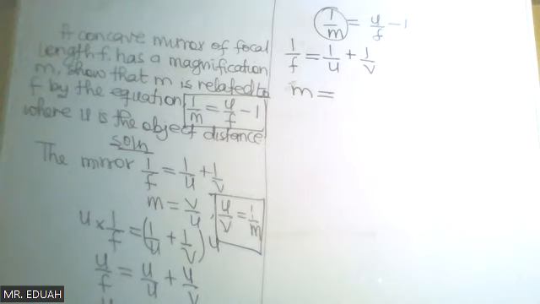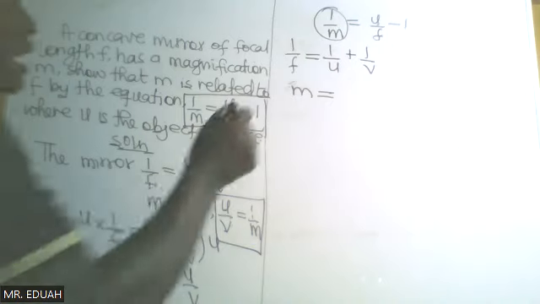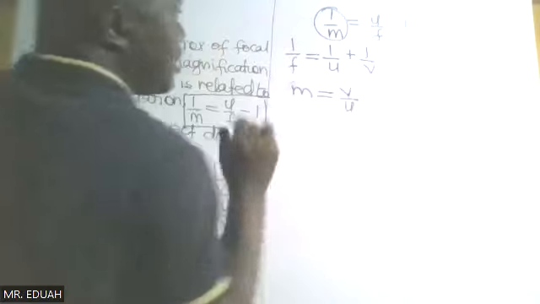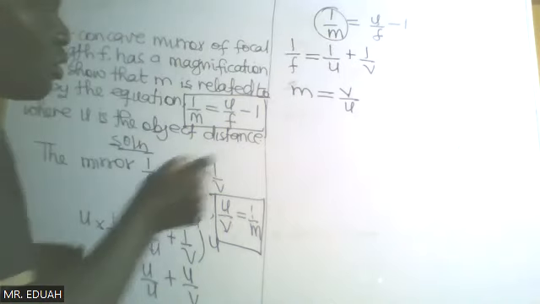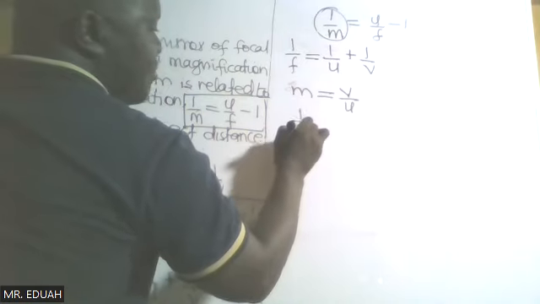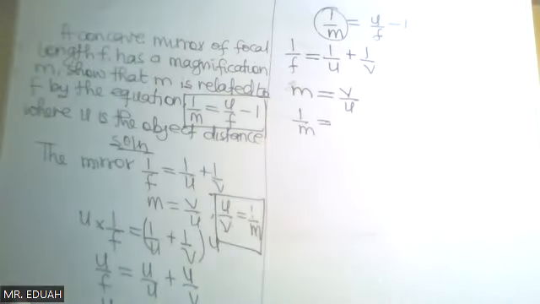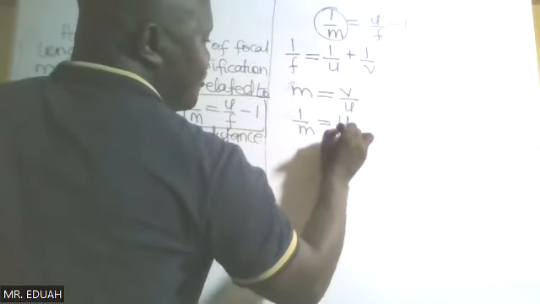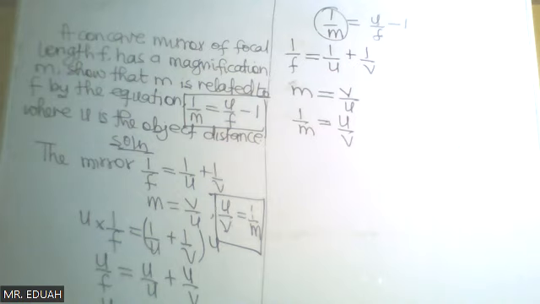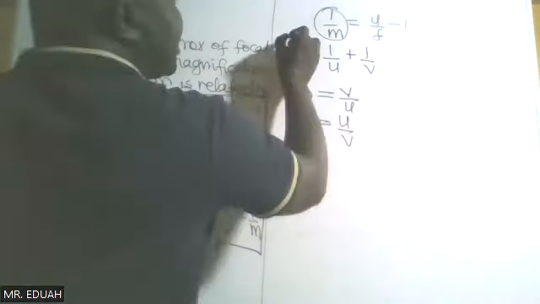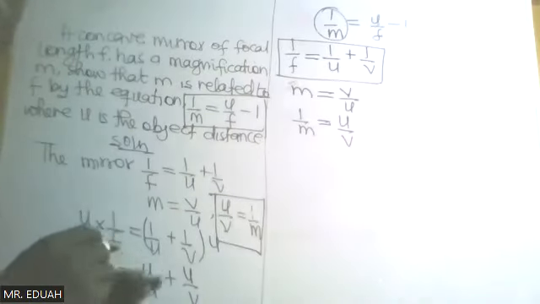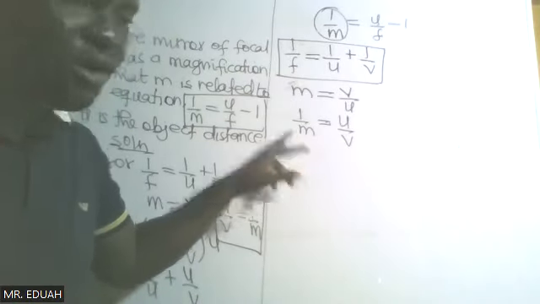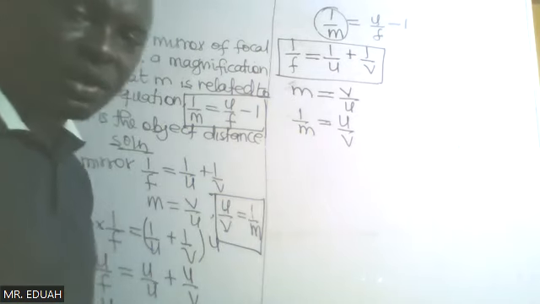This is equal to V over U. So M is V over U. But in the question given to us, we're given 1 over M. So it means that 1 over M from the linear magnification formula would be equal to U over V. So we are going to manipulate the mirror formula so that we'll have U over V. If you're able to get that, then we can substitute into it 1 over M. That's all that we are going to do.